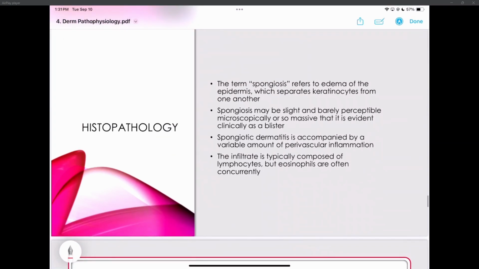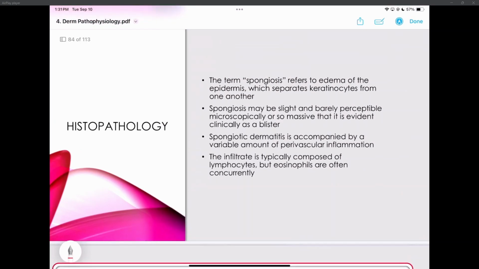So, histopathology. Spongiosis is the edema of the epidermis. And when all this fluid goes in there, it separates the keratinocytes from one another. So they're being pulled apart from all the extra fluid going into that space. Spongiosis may be slight, barely perceptible microscopically, or so massive that it's evident clinically as a blister.